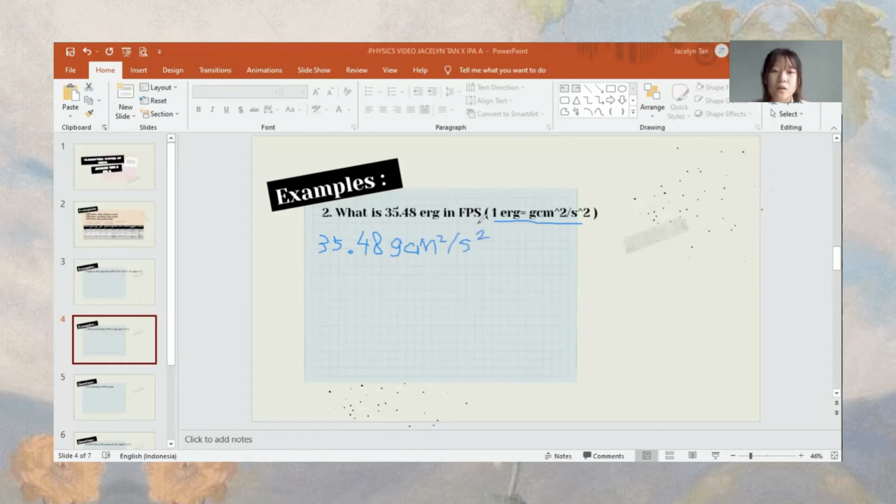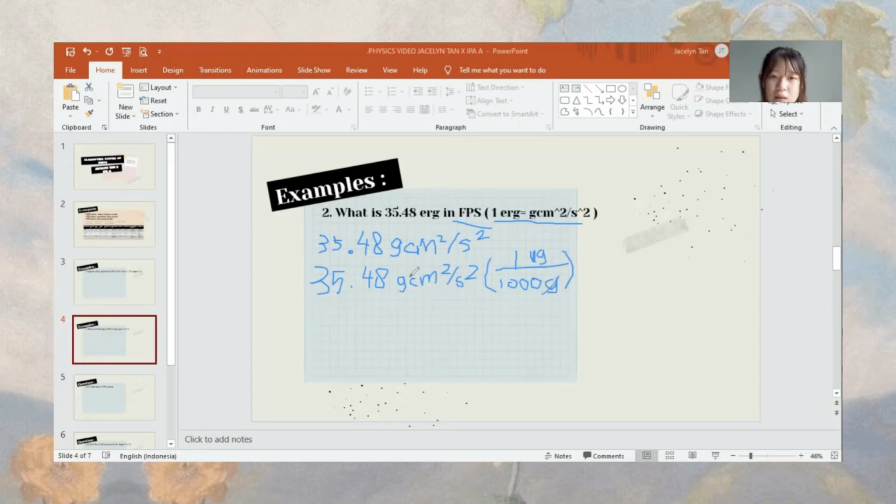Okay, in order to convert this to FPS, we need to multiply, and we need to change the gram to kilogram. So 1 kilogram is equal to 1,000 gram.